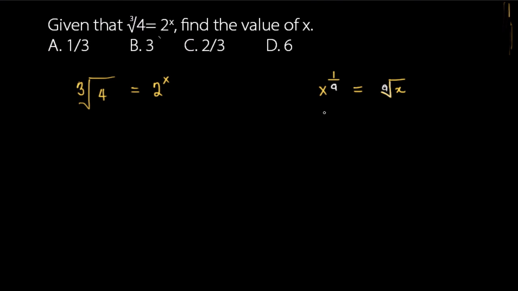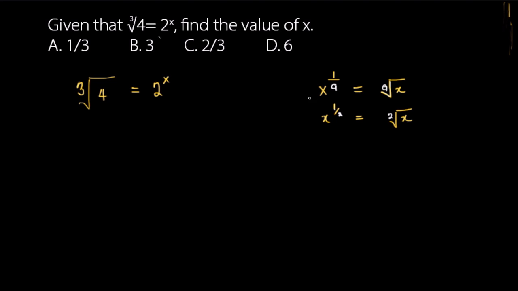An example is x to the power 1 all over 2: the 2 becomes the root, so x to the power 1/2 is just the square root of x.